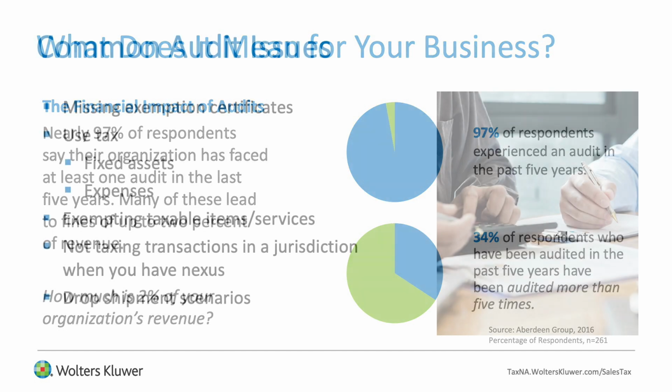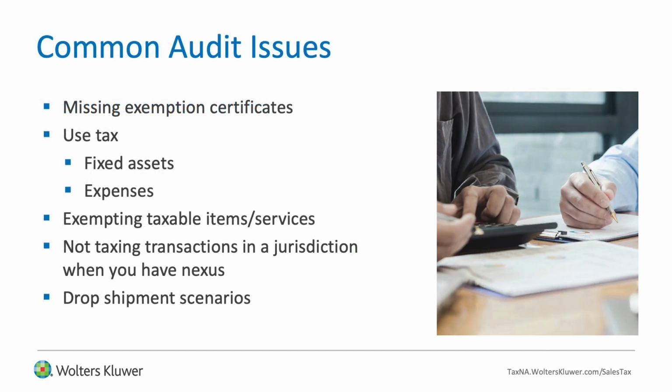Some common auditing issues are going to be those missing exemption certificates that are incorrectly completed, use tax. So if a company is not accruing the use tax on certain items such as fixed assets and expenses, sales tax when companies are exempting taxable items or services, and then not taxing transactions in a jurisdiction when you have nexus, and then knowing where you have nexus and drop shipment scenarios.